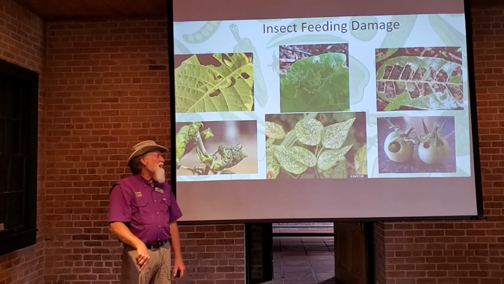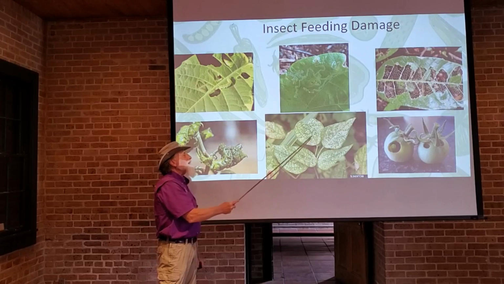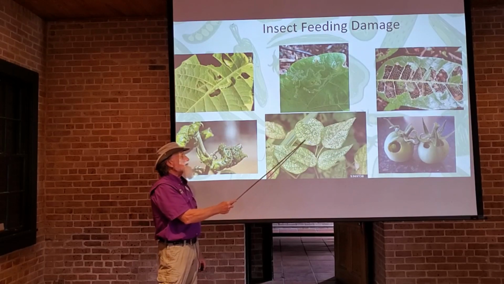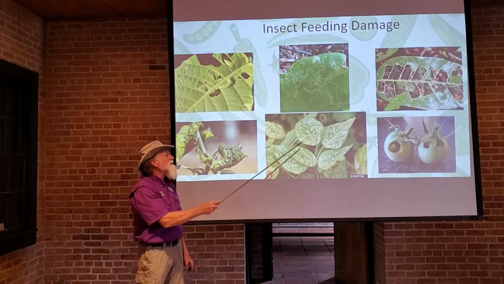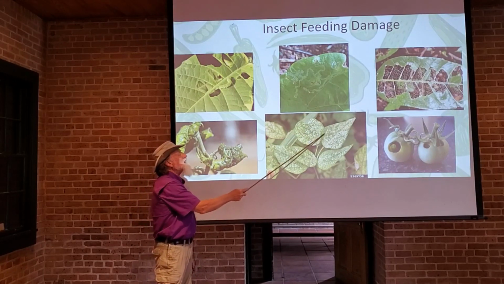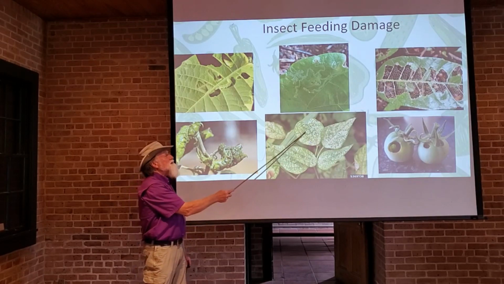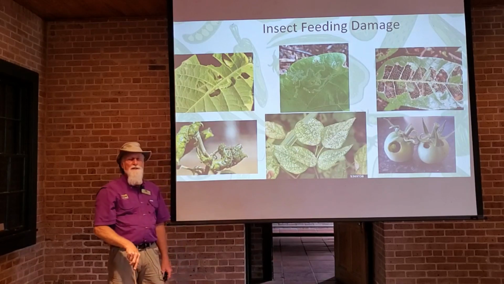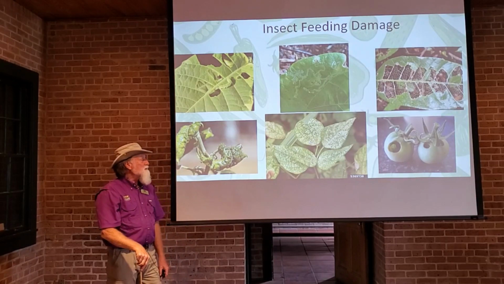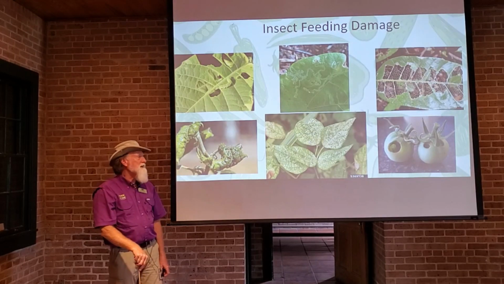You really won't notice that. But as they move around on the leaf, multiply and feed, then all the dead cells start to show through the upper side of the leaf. And so it begins to have this termed stippling effect. So if you see something like this on your plant leaves, you can bet that you most likely got insects with piercing, sucking mouth parts feeding on the underside of the leaf.